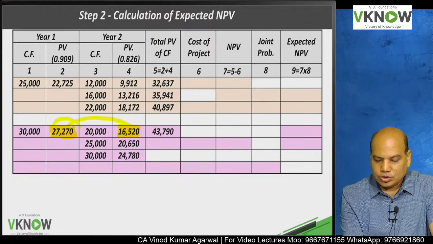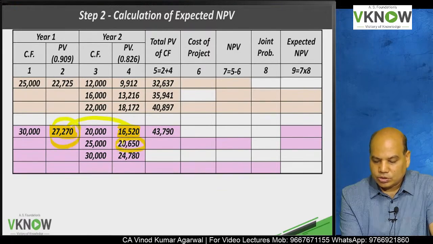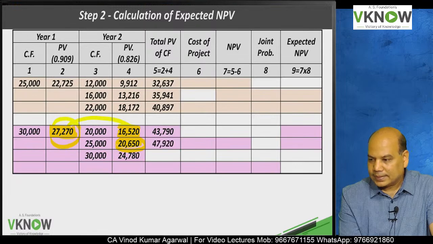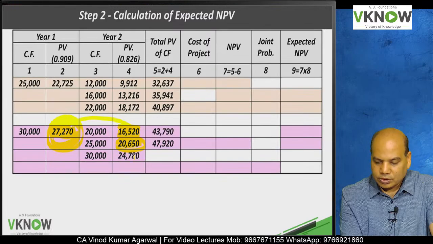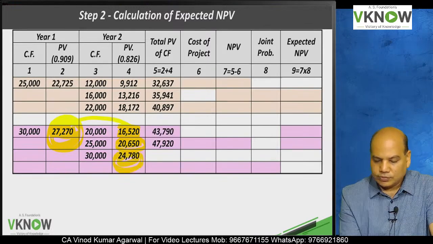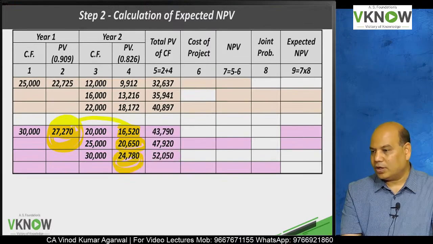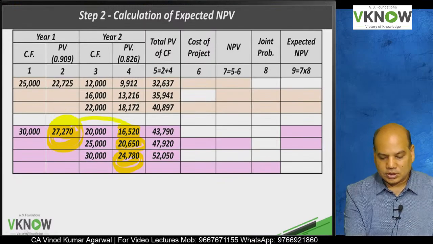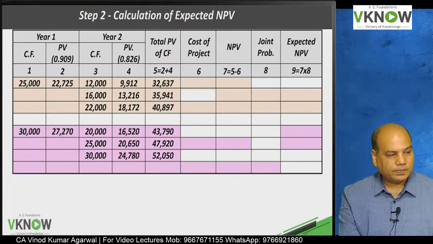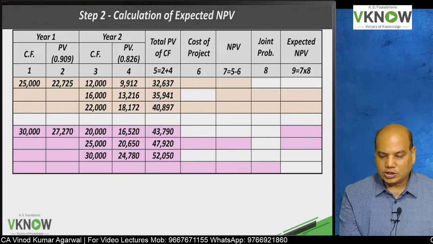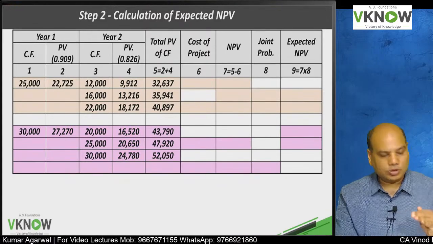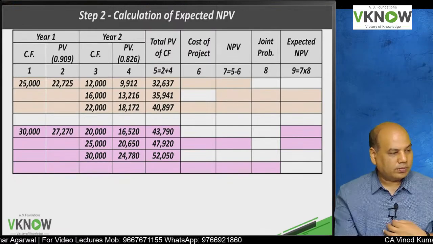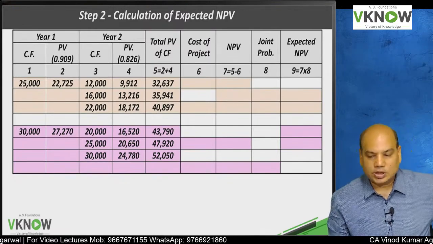Now you add 27270 and 20650. 47920. Now you add this number and this last one, 24780, 52050. These are the 6 possible PV of cash inflows. Depending upon which path you take, accordingly your PV will change.